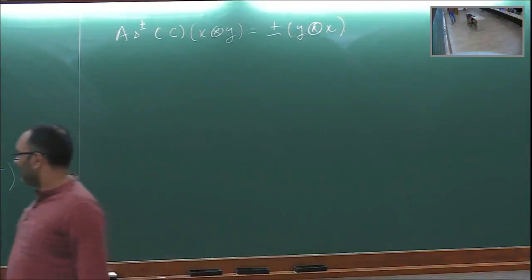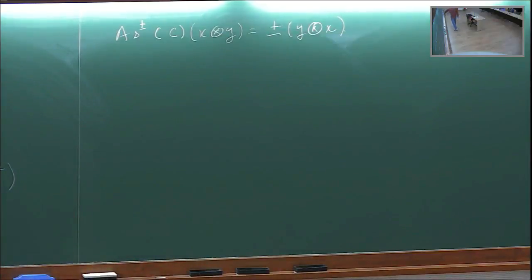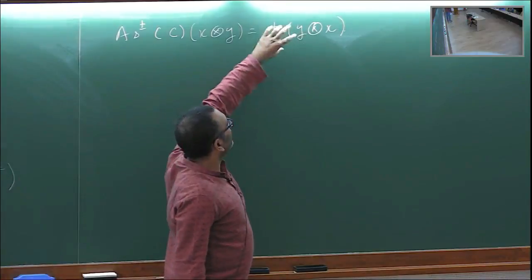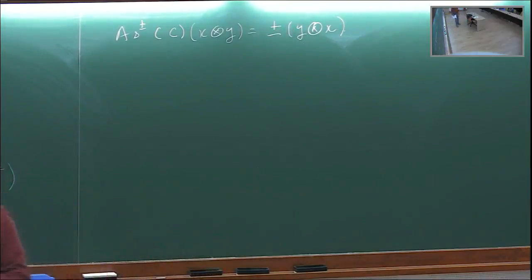So this is essentially the tensor product of these two matrices, but the non-trivial element acts by flipping these two vectors and adding a plus or minus sign, depending on whether you are in the Asai plus or the Asai minus situation.